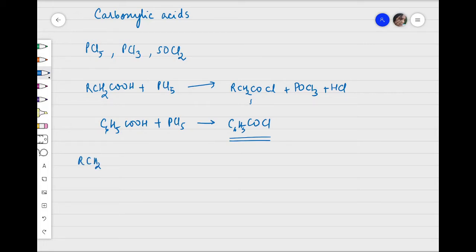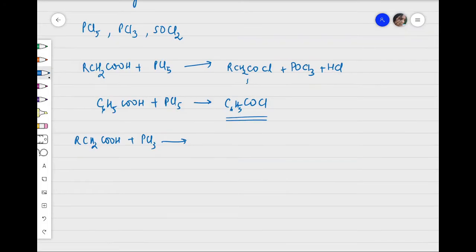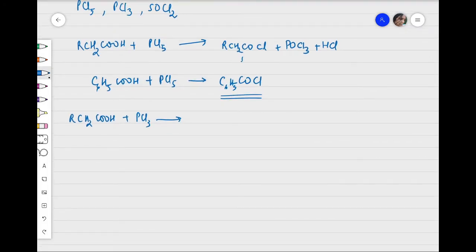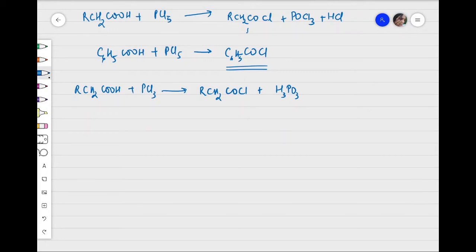Now next let's take the reaction with PCl3. When it reacts with PCl3, I get again the acid chloride RCOCl, and here we have H3PO3 formed, which is phosphorous acid.